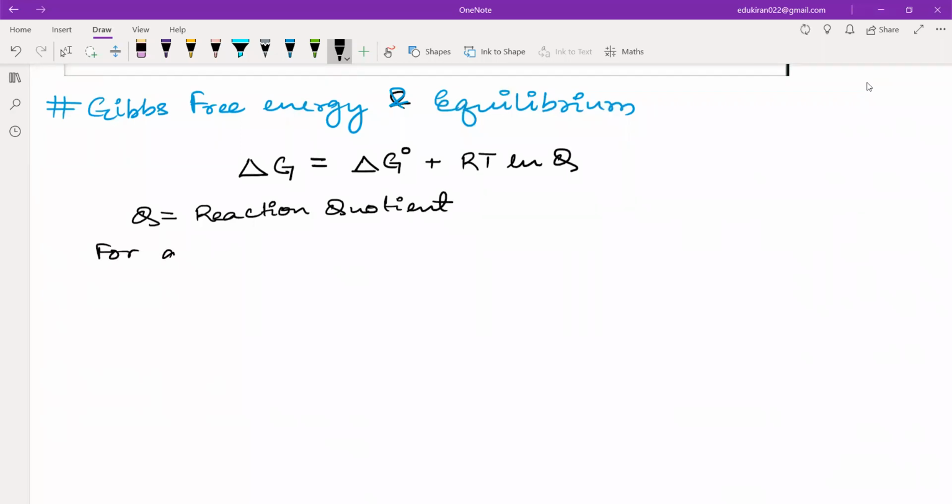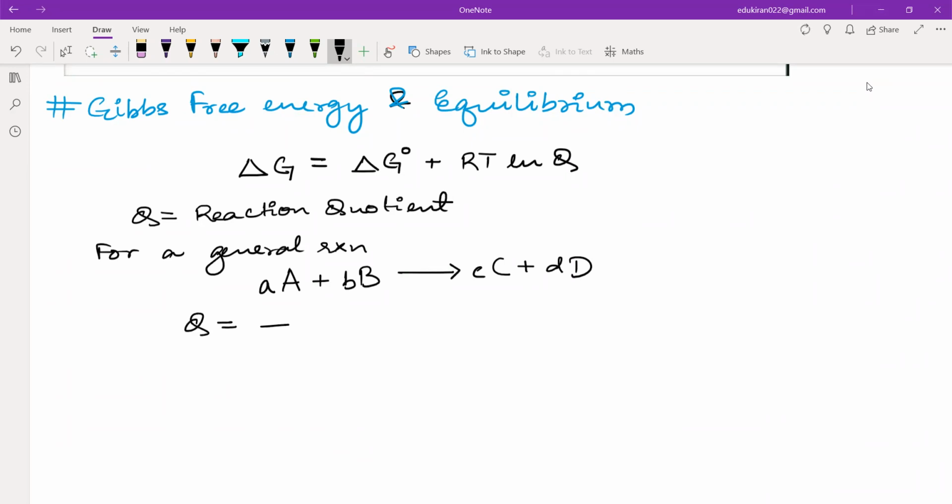For a general reaction, that is small a A plus small b B gives you small c C plus small d D. If you have a general reaction like this, then the reaction quotient Q is the ratio, and ln is the natural log.